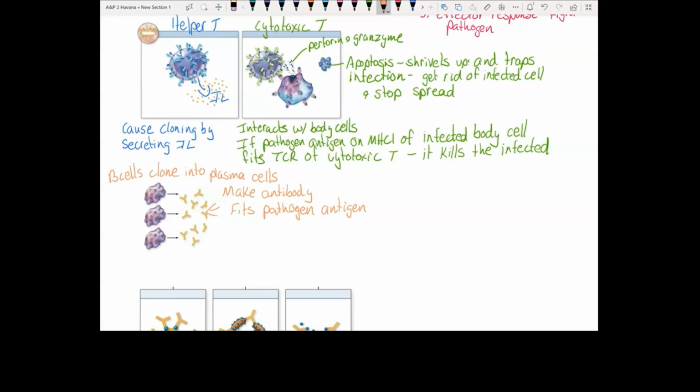And another note is that all 3 of these leave behind memory cells. So once the infection is over, you will keep part of that army that you built up.